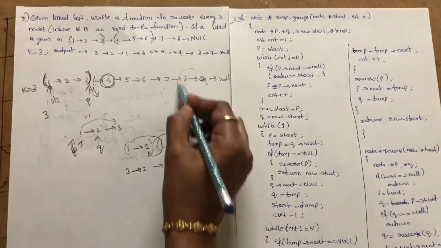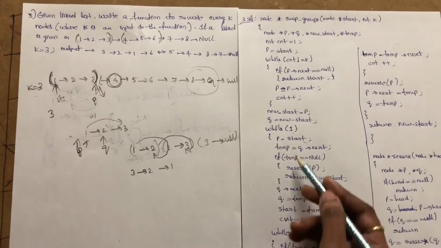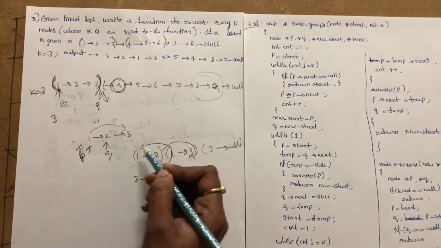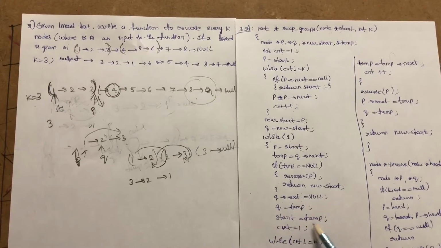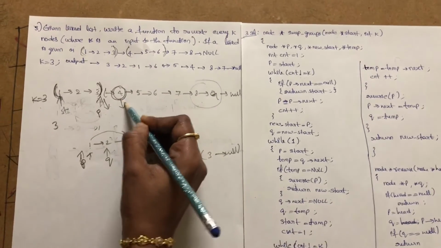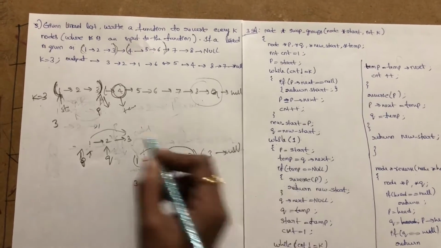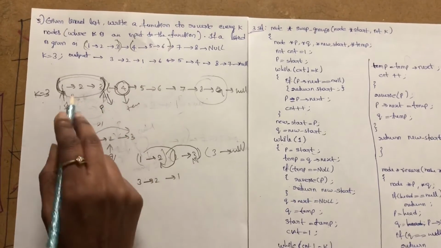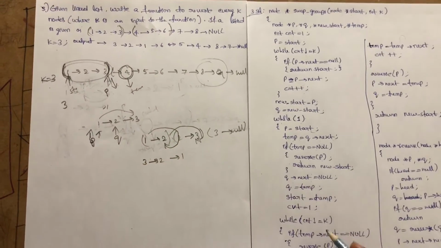It will check Q's next is equal to null. It will make Q next equal to null and start equal to temp. Then this will become the temporary variable, and by that time this group of elements will be reversed.